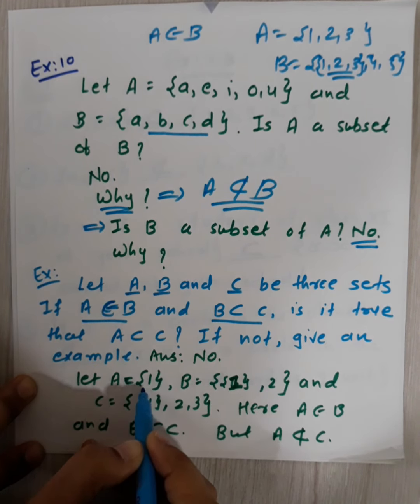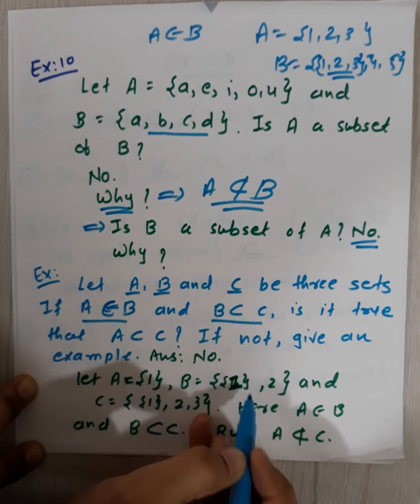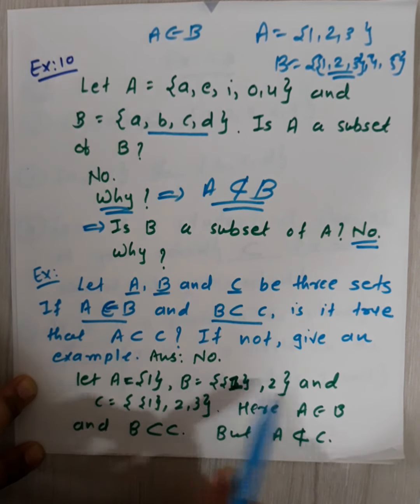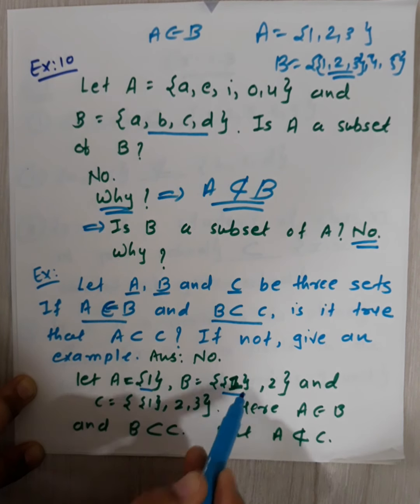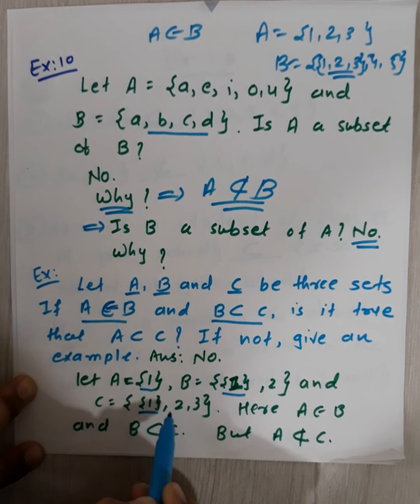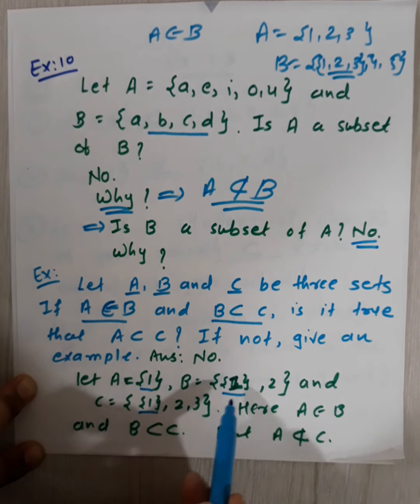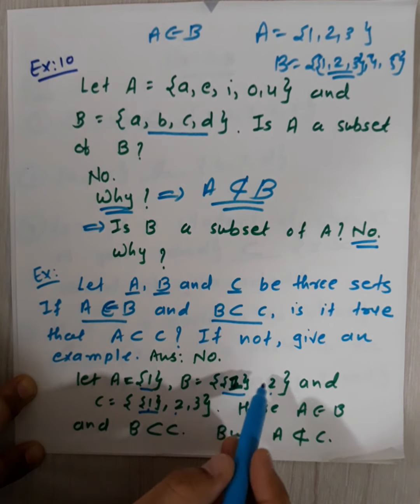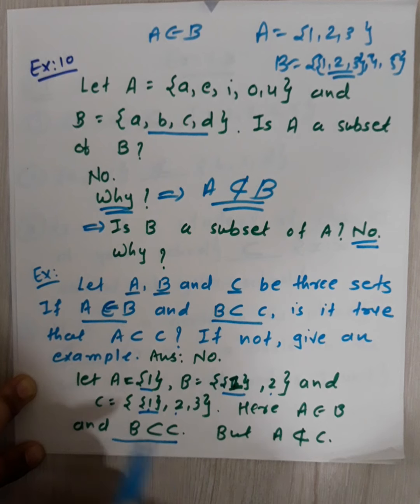A belongs to B and B is {1, 2}. So 1, 2, 3 is there; read it carefully. Yes, we can say that {1, 2} is a subset of C. So we can say that B is a subset of C. Up to here it is true.